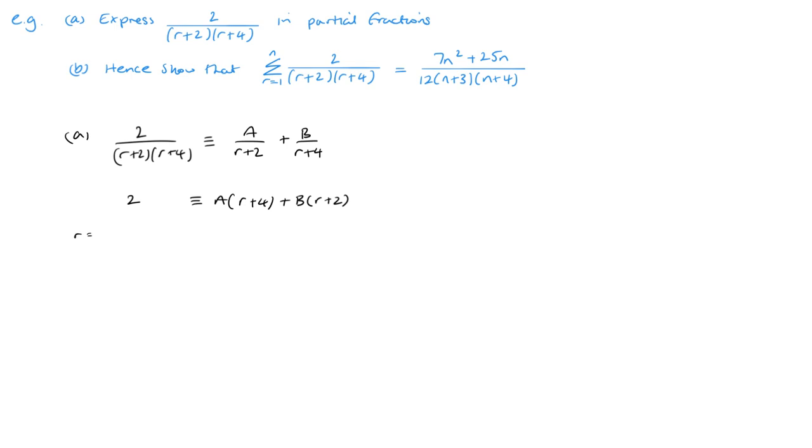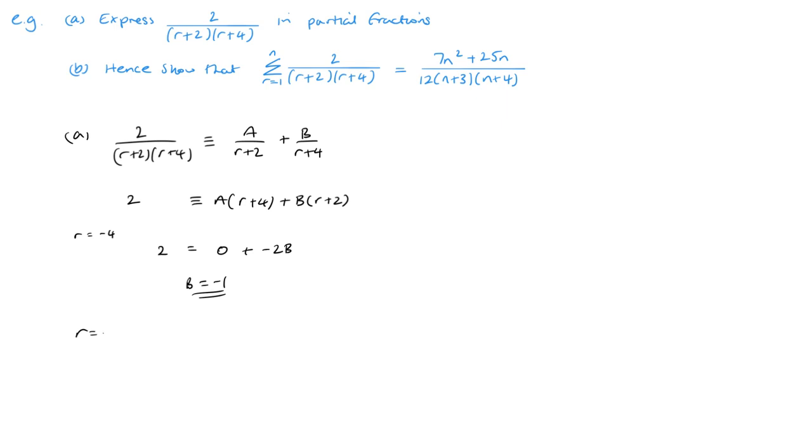So when r equals minus 4, we get 2 equals 0 plus (minus 4 plus 2 is minus 2) so minus 2b. So b equals negative 1.